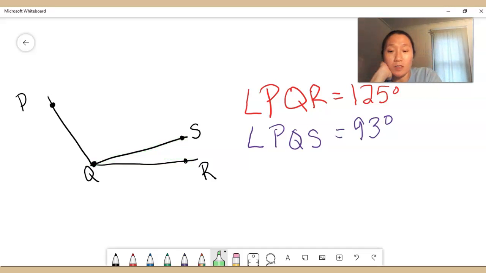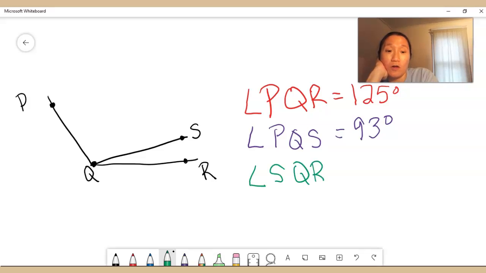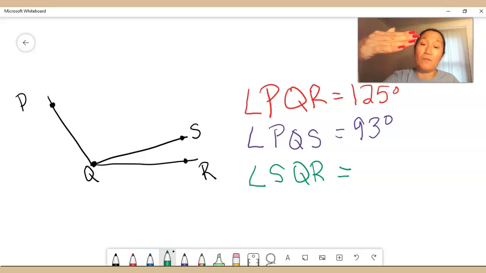So now, to find the angle for SQR, you already know that the big angle, everything all together, has to equal 125, because that's everything.